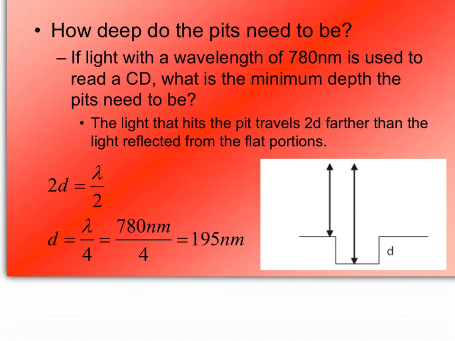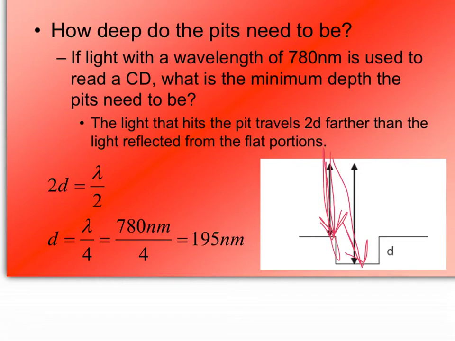Remember that as the light travels down, let's use a red light, we have some light traveling here that gets reflected off the top of our bump. We then have other light that travels down and is reflected off of the bottom of the pit.